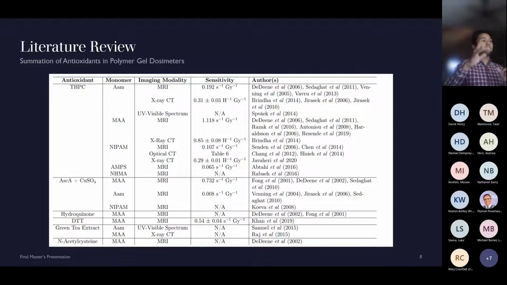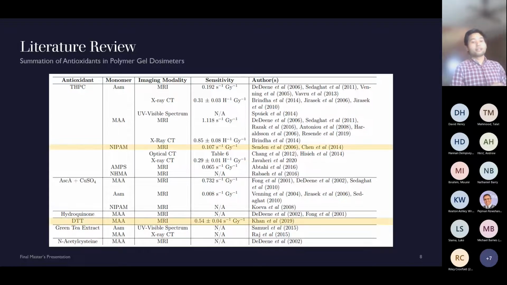You can see that THPC is quite prevalent as it is tested with different types of monomers. Below that, we've got ascorbic acid or vitamin C with copper sulfate, and the way that works is that the oxygen gets swept up in the metal complex. We've got other antioxidants like hydroquinone, DTT, green tea, and N-acetylcysteine.